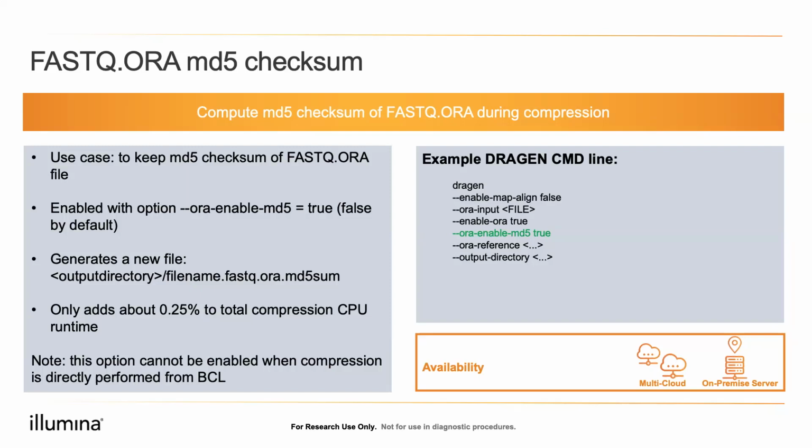It has a very modest runtime. It adds about 0.25% to the total compression CPU runtime. An important thing to note here is that this can only be enabled if you're going straight from FASTQ.gz to FASTQ.ORA. You cannot enable it when you're compressing directly from BCL files.